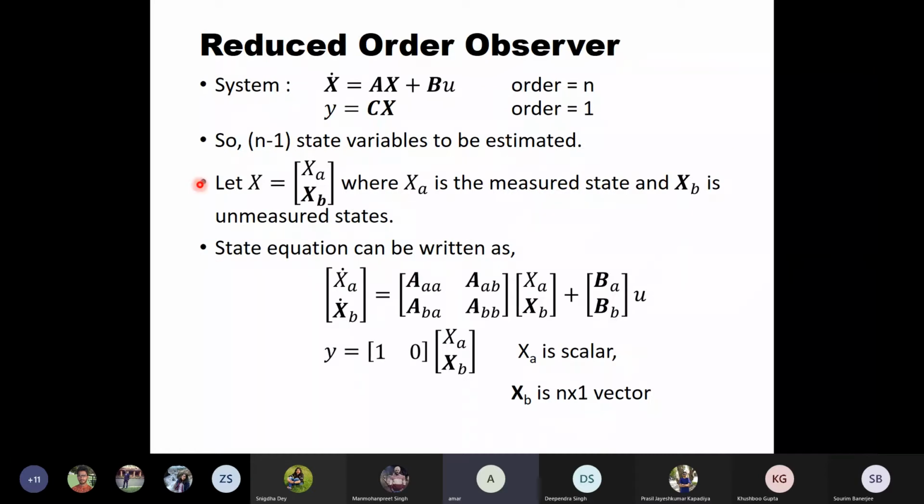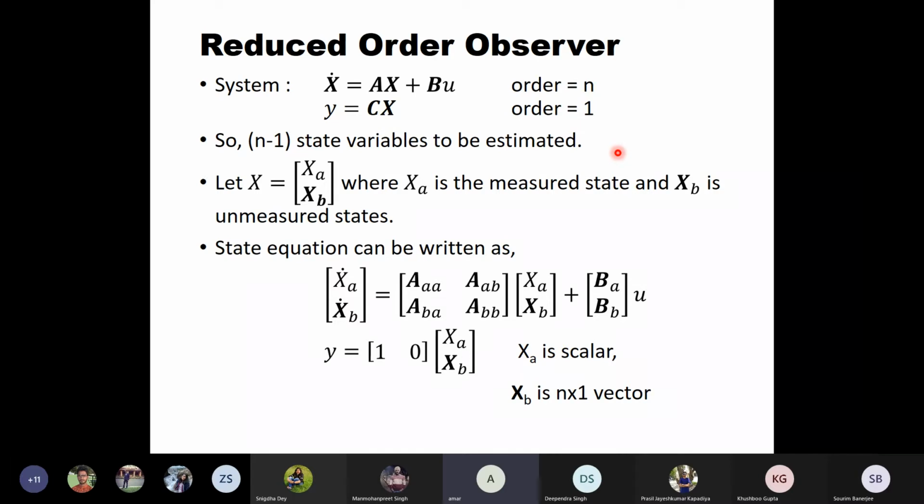So let us see the theory. Let's say we have a system x dot equals Ax plus Bu and y equals Cx, where the order of the states is n and the order of the measurement is 1. That means the order of y is 1. So in this case, n minus 1 state variables are to be estimated.